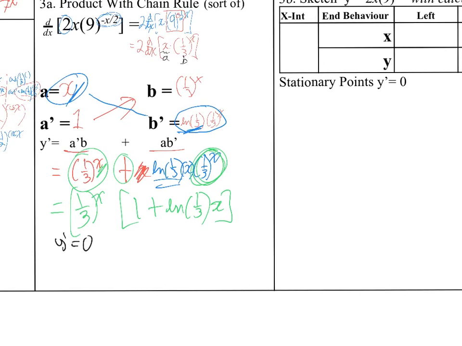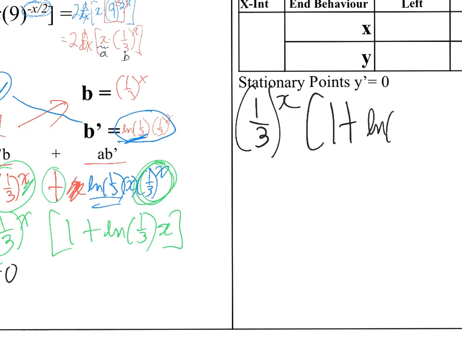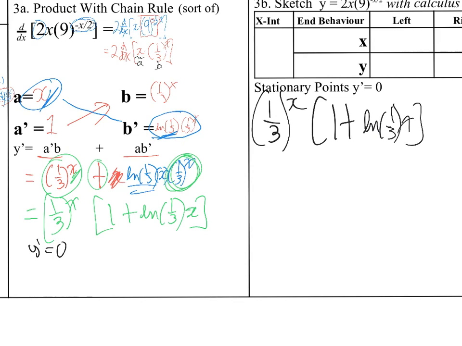Okay, so I'm just going to write this over here: 1/3 to the x multiplied by 1 plus ln 1/3 multiplied by x. And that's going to help us work through the graph sketching. And we're going to set that equal to 0. Okay, folks, and that'll be on our next video.